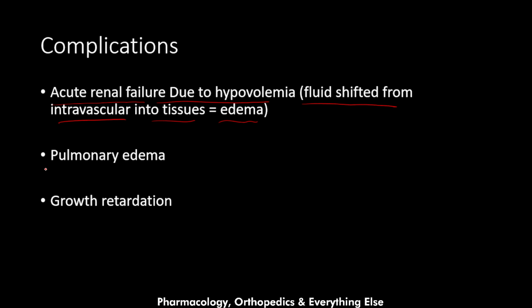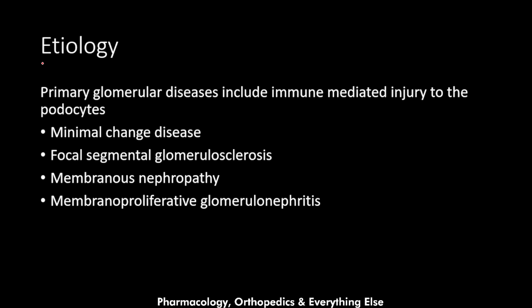Another complication is the pulmonary edema, for the same reason, because the oncotic pressure is lost and the fluid is going to the lungs, making them congested, and growth retardation in children, because those children don't have enough proteins for them to grow.